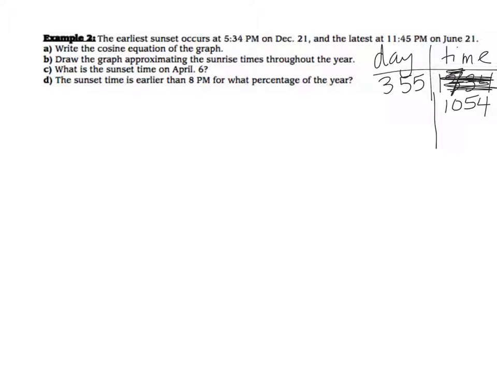I think the last time I did this in hours instead of minutes. But whatever, this will still work. I want to see how it turns out, so we're going to keep it this way. The other point that we have is June 21st. What day of the year is that? Adding up all the days to there gives us day 172.